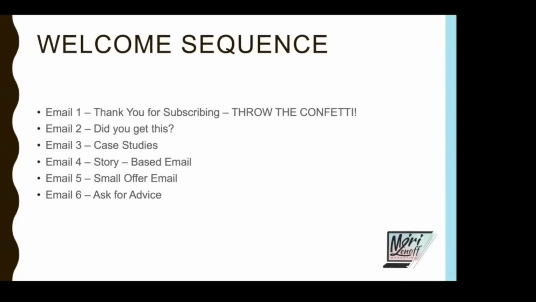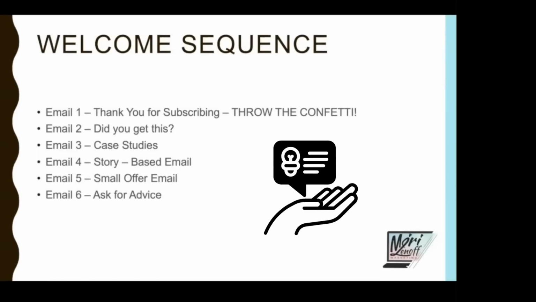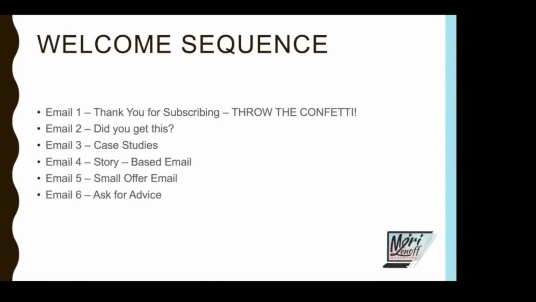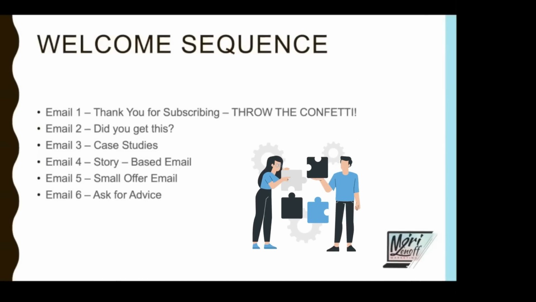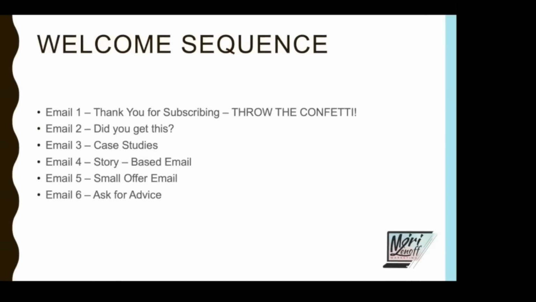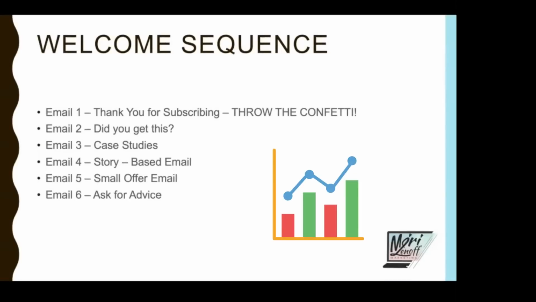Number 6, and this email is really asking for advice and trying to have a two-way conversation. And again, it's getting to know them, but you're specifically asking about their biggest problems or what are some of the biggest issues that they're facing right now. It allows you to tailor the content to them and gives you insights about what they are feeling or what they need.